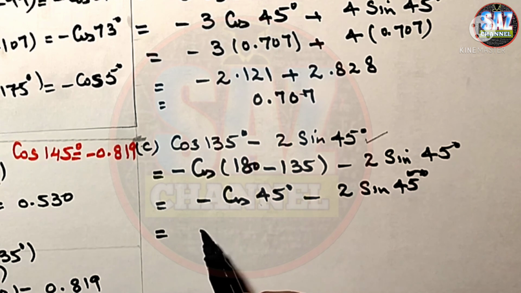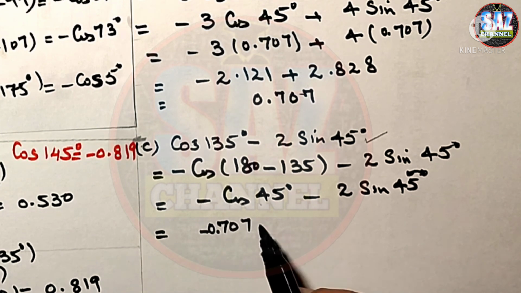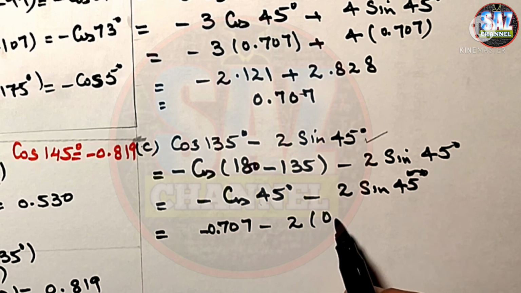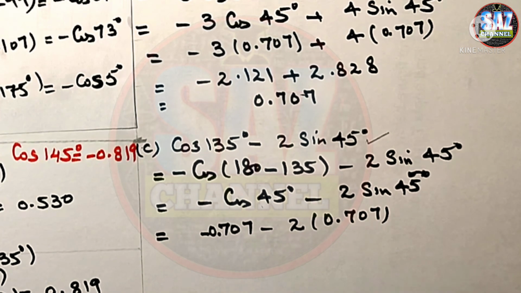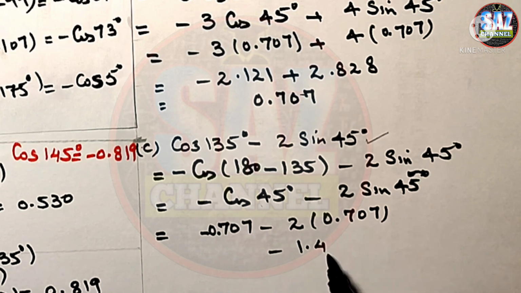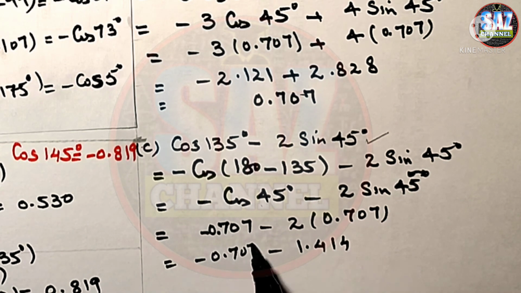Now what we have to do is, cos 45 is minus 0.707, minus 2 into 0.707. 2 multiplied by 0.707 gives me 1.414, and minus 0.707.